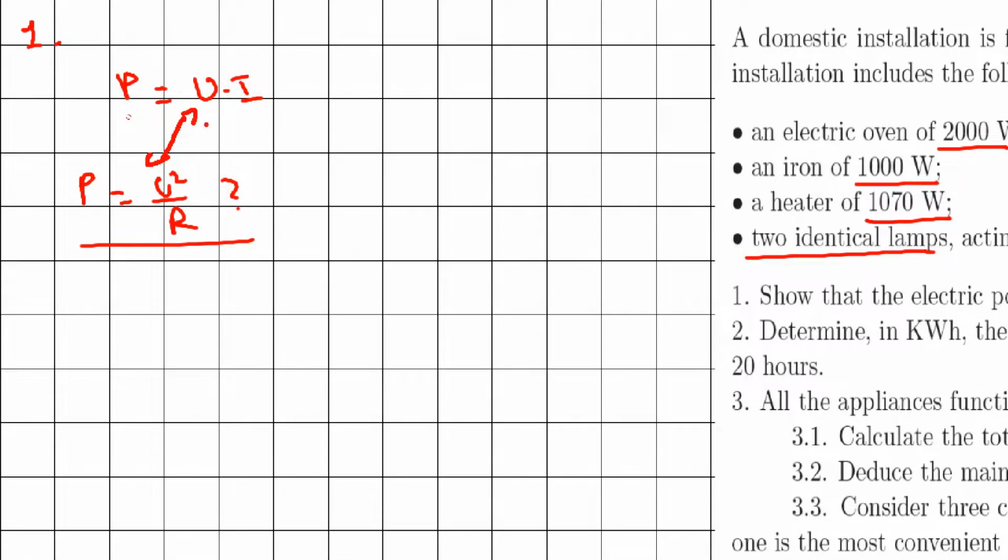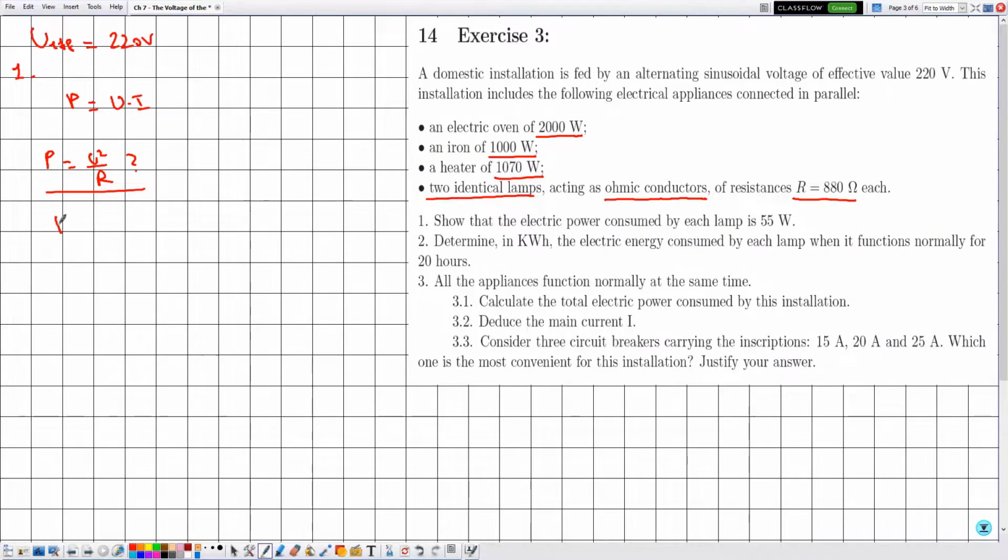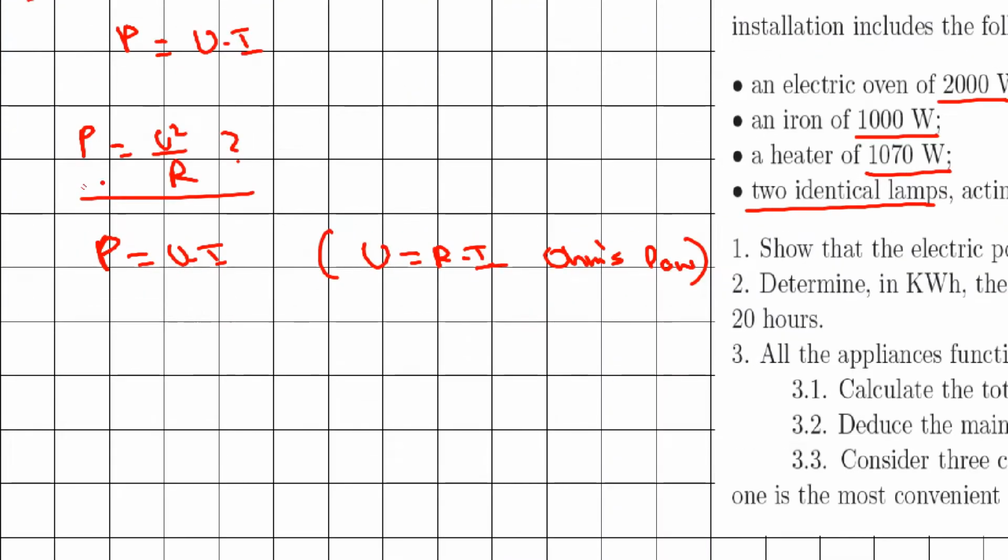If you compare both forms, because R appears, it means that we need to start with the general form and apply Ohm's law, which is given by U = R × I. Comparing both forms, we need to get rid of I, because I doesn't appear in this form.